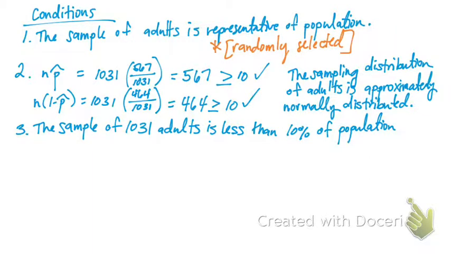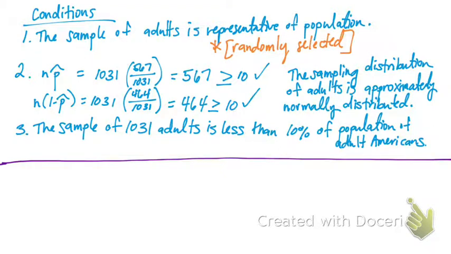Well, wouldn't it be Americans? Yeah, you could say of adult Americans. They aren't too picky about it. In fact, sometimes they don't even check this assumption, but sometimes they do, so we always include it. Okay, that is all conditions, these three.